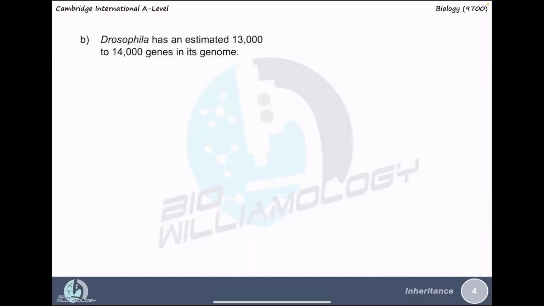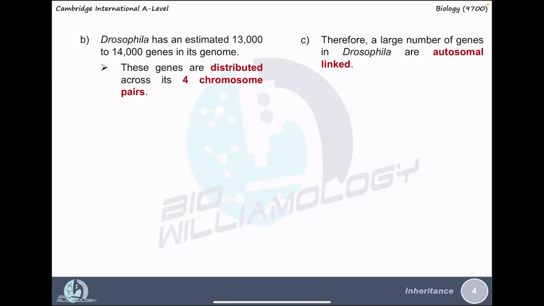However, Drosophila has an estimated 13,000 to 14,000 genes in its genome. So what does this figure tell us? These 13,000 to 14,000 genes are distributed across its 4 chromosome pairs, and therefore a large number of genes in Drosophila are autosomal linked.